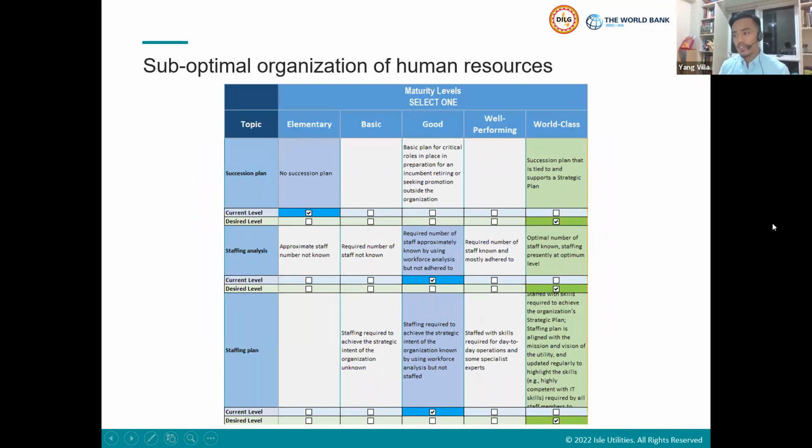We can dig deeper into the way that these HR managers plan ahead in terms of staffing requirements. And as you can see in this example, this utility does not have a succession plan. They conduct a bit of staffing analysis and staffing planning, but they are unable to adhere to the prescribed number of staff required for efficient operations.